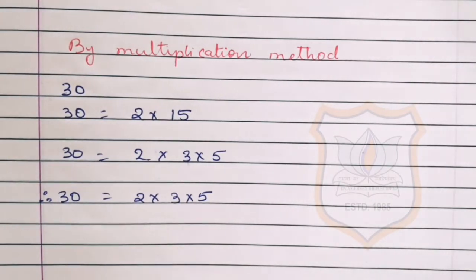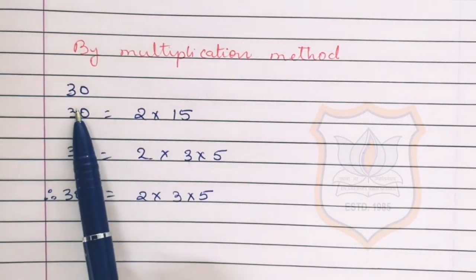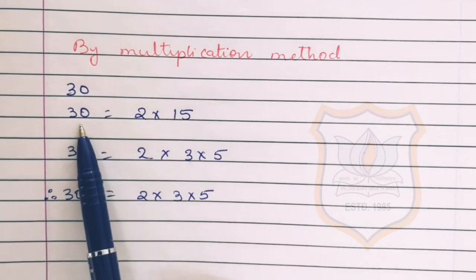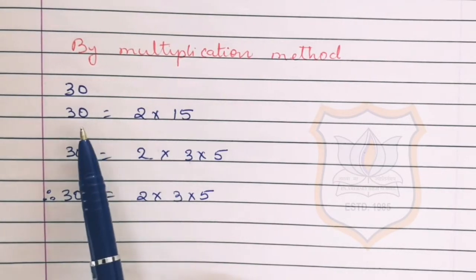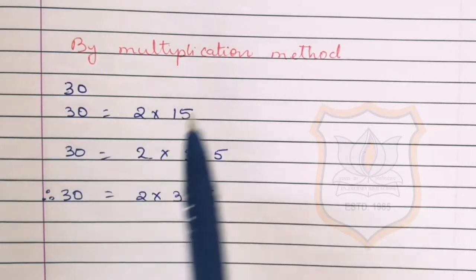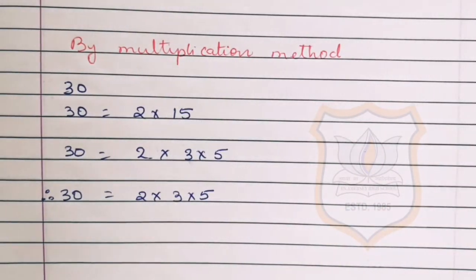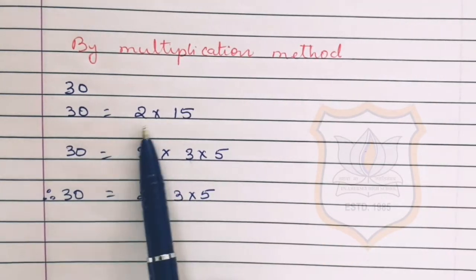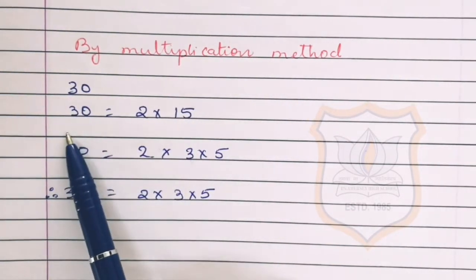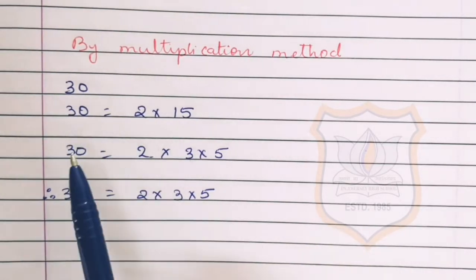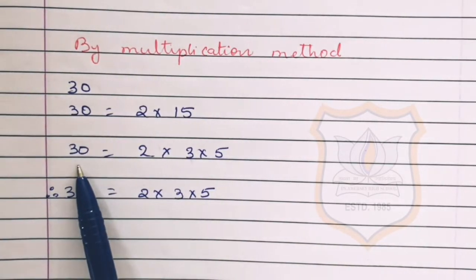Here, for an example, we have taken the number 30. We will write 30 here and find the factors of the number 30. First, we will take the smallest prime number. The smallest prime number is 2. By multiplying 2 and 15, we get 30. Now again we will write 30 over here.